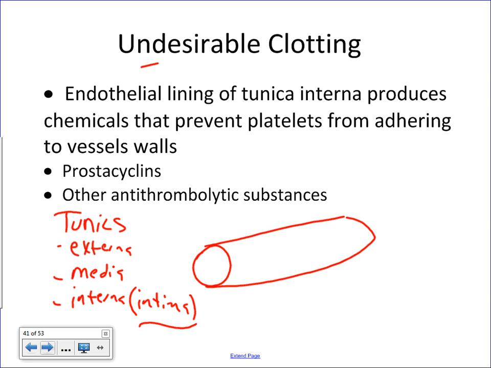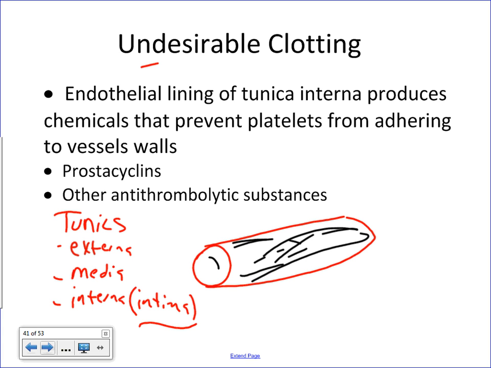Get used to seeing that word, intima. All right. So the tunica externa is just some loose connective tissue, some collagen fibers that are wrapped around the vessel, keeping the vessel organized. It's where you find the vasa vasorum in many vessels. Those are small vessels that supply the vessel itself with blood.